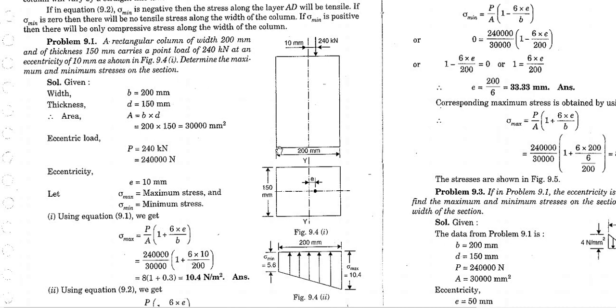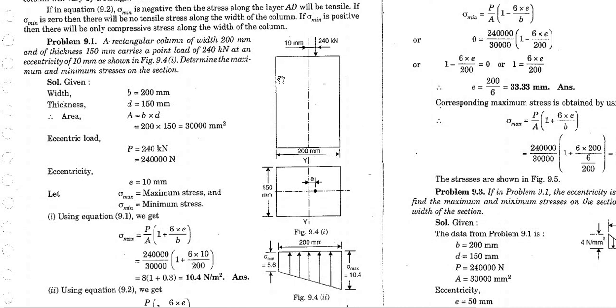Well, see, this is a column, okay? Suppose you are standing here and this is a column, and if you want to see from the top, the top section of this column is this. So the dimensions provided in the question are 200 millimeter and 150 millimeter.